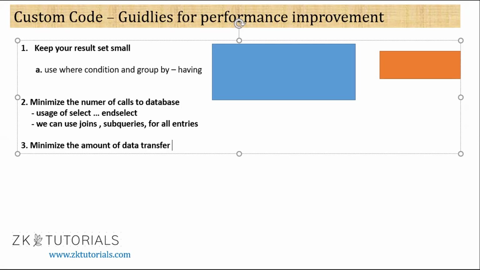Last time we were really caring about the number of records, but here we care about the number of columns. Again, take the same example, EKKO table or MARA table.